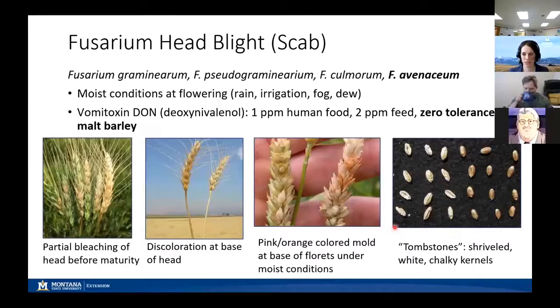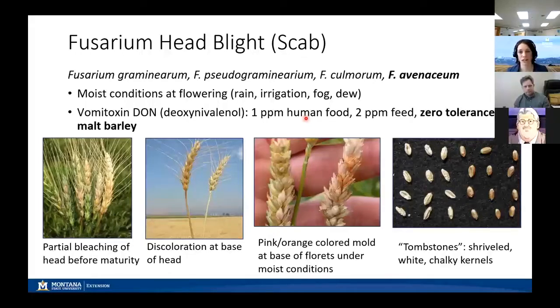Another important thing about Fusarium head blight is that it not only reduces kernel size and kernel quality, but this pathogen can also produce several toxins in the grain, which are not good for humans, but also not for animals. The most prominent of those toxins is called deoxynivalenol, or in short, we call it DON.